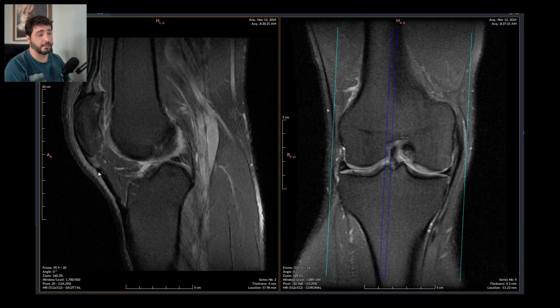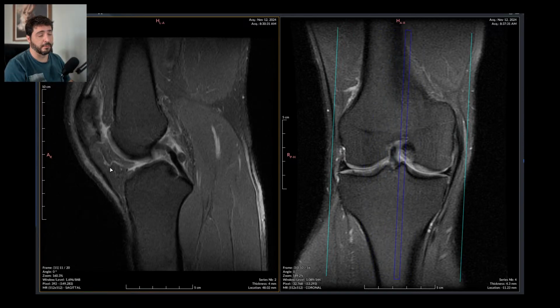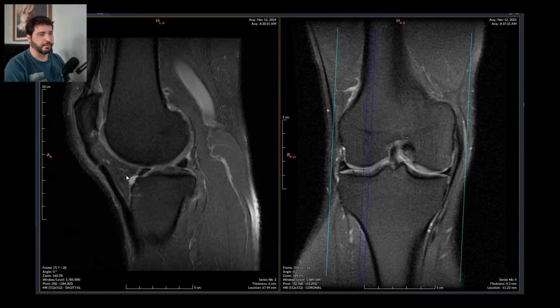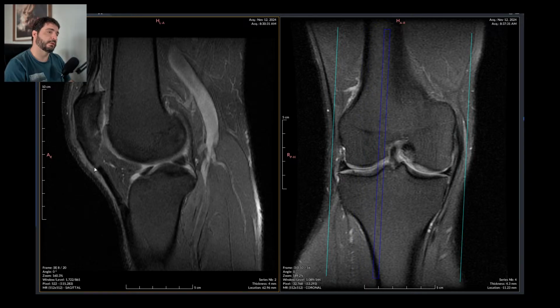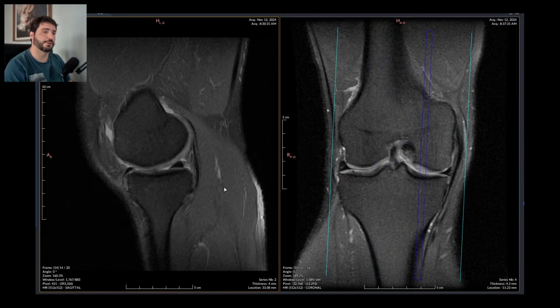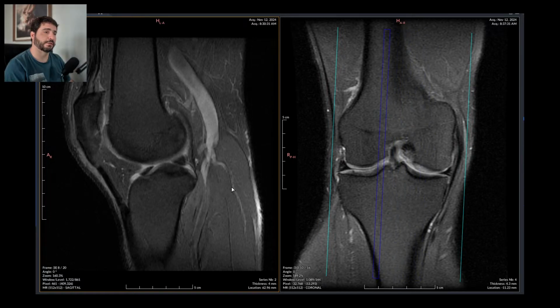There is thickening and diffuse signal heterogeneity of the proximal extremity of the patellar tendon. There is some edema of soft tissues all over the joint. This is artifact, saturation artifact.